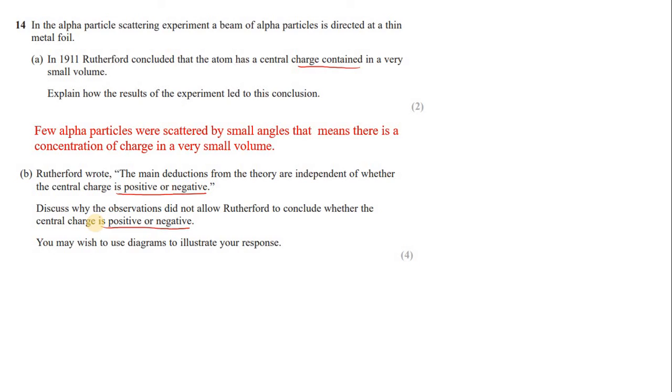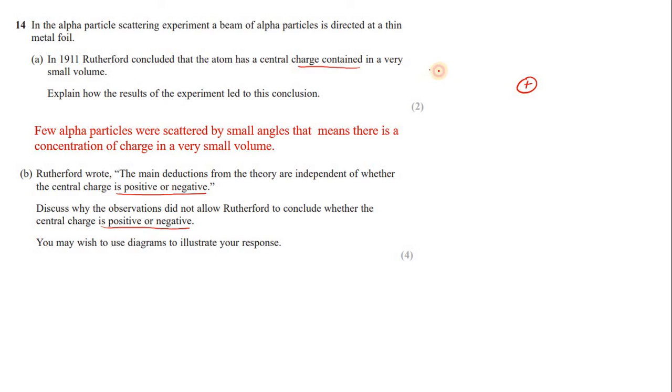From the observation we cannot conclude whether the nucleus has a positive or negative charge. If you recall, generally during your lecture, the teacher used to say that we have a positive nucleus and alpha particles are coming. This is the nucleus, alpha particles are coming.